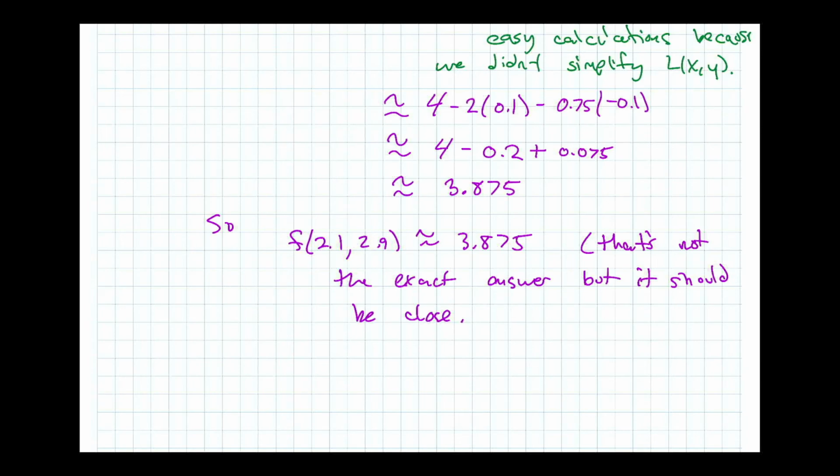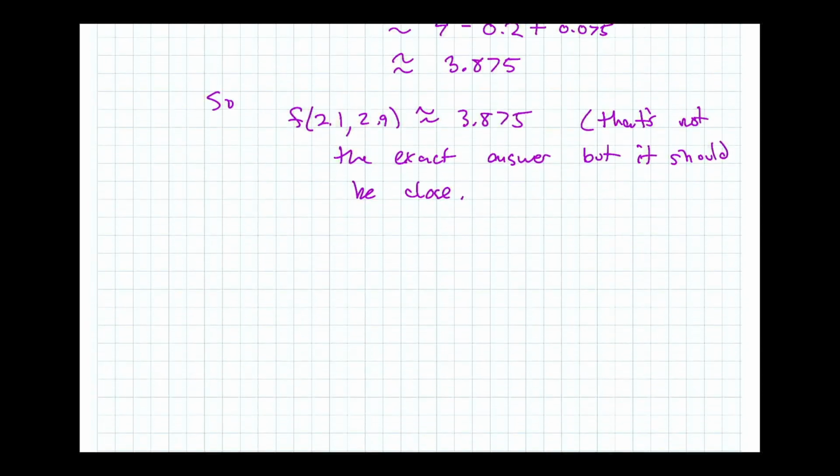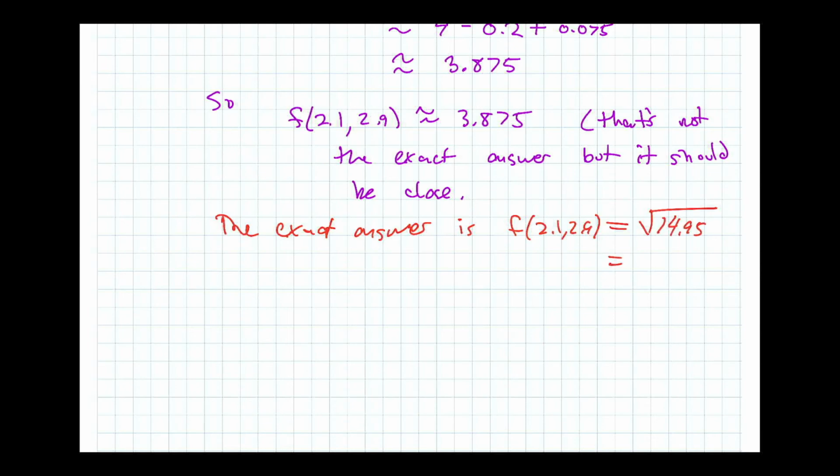If you care, I'll tell you what the exact answer was, so you can compare it. The exact answer: f of 2.1, 2.9 is equal to the square root of 14.95, which is like 3.8665 something.